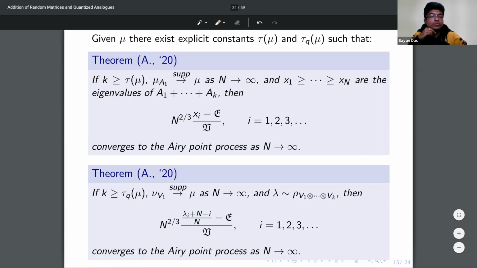Yeah, it's a great question. So actually, let me explain a little further why we would think that if we take k large enough, the Airy point process should even appear, considering we can have some pretty pathological limiting measures mu.